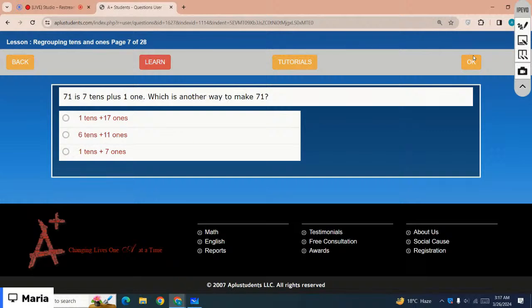That is 6 tens and 11 ones. Option number 2 is the correct option.